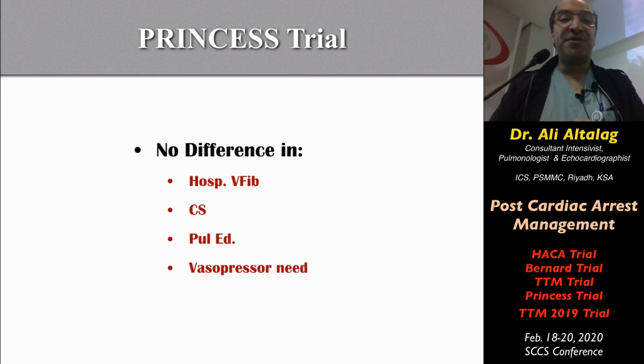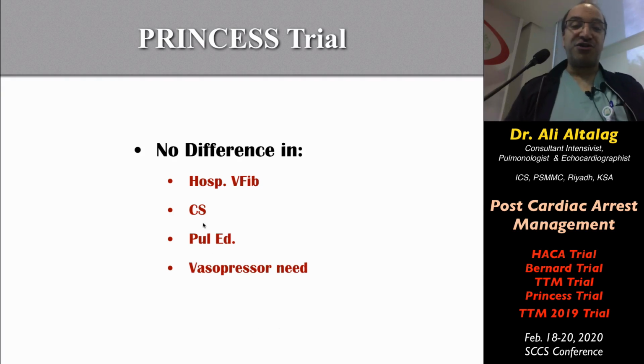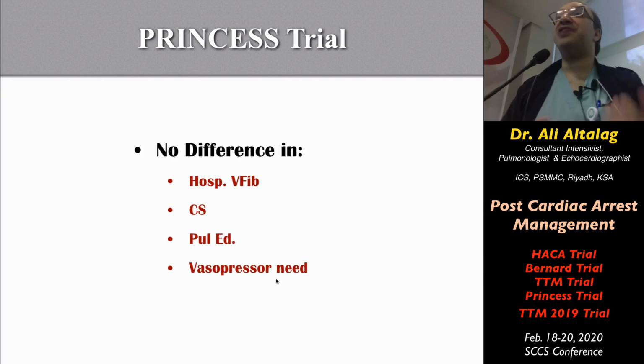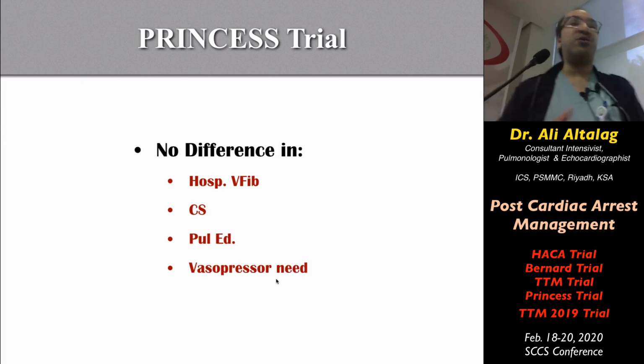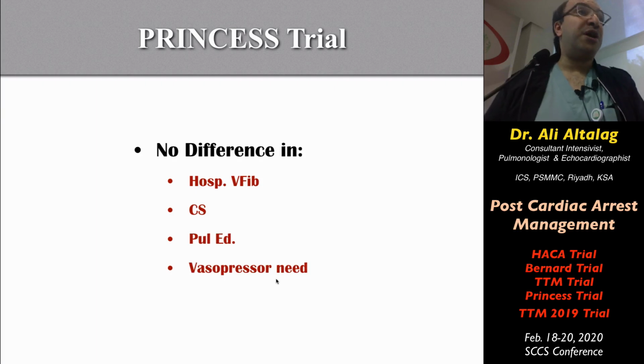They found that there is no difference whatsoever in the in-hospital VFib rate, cardiogenic shock, pulmonary edema, and vasopressor need in both groups, which means that early initiation of hypothermia in patients with out-of-hospital cardiac arrest is what? Safe.